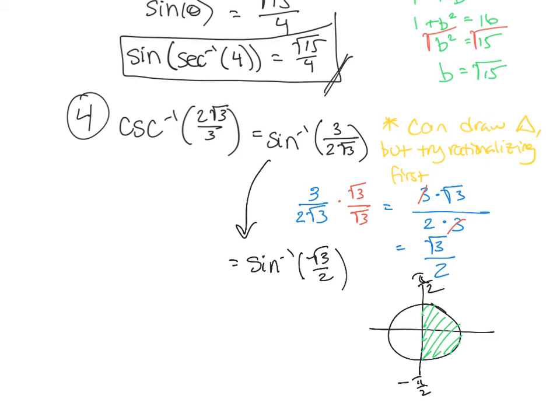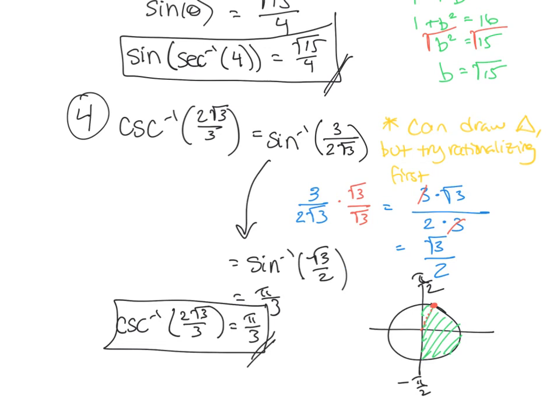When sine is root 3 over 2, that's going to be roughly right there at pi over 3. So our whole answer of cosecant inverse of 2 square root of 3 over 3 is pi over 3.